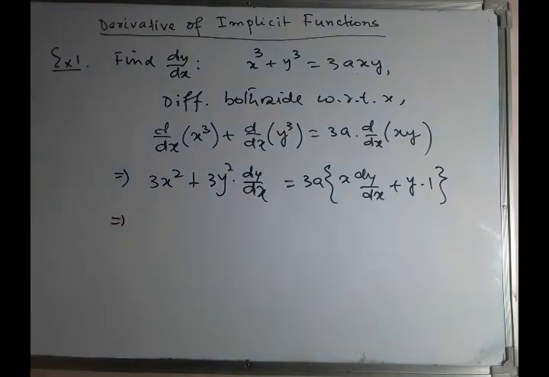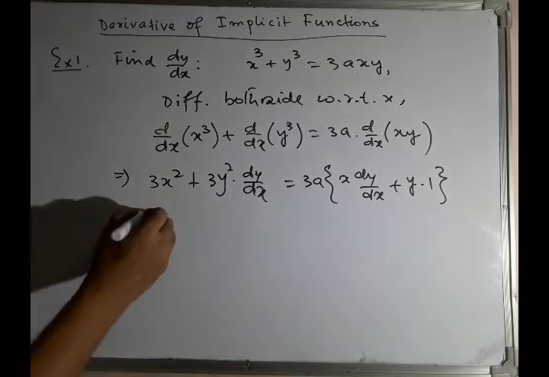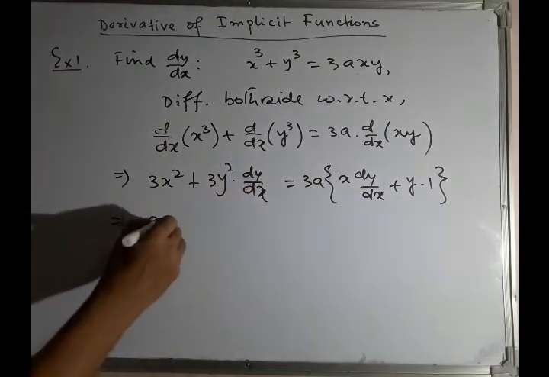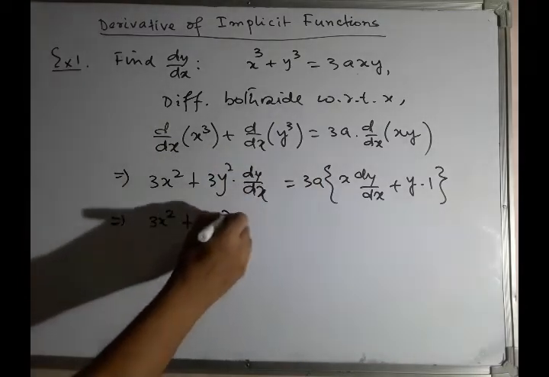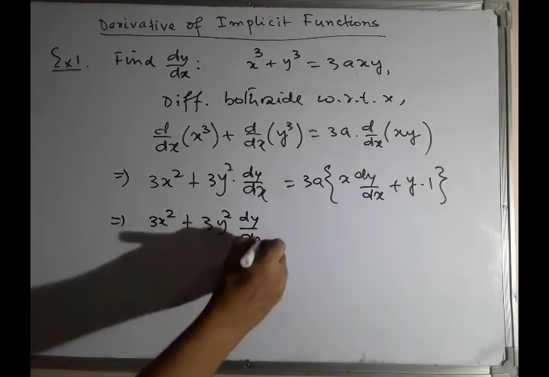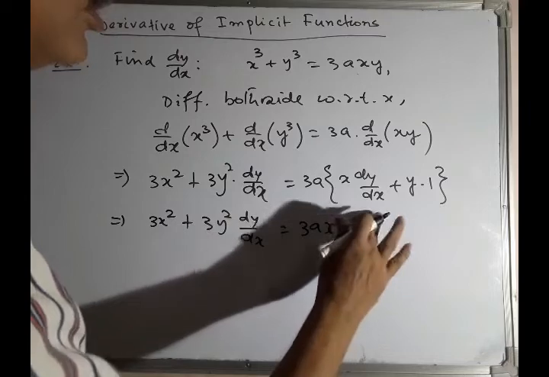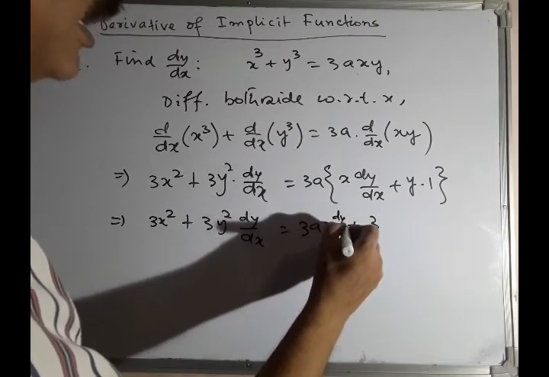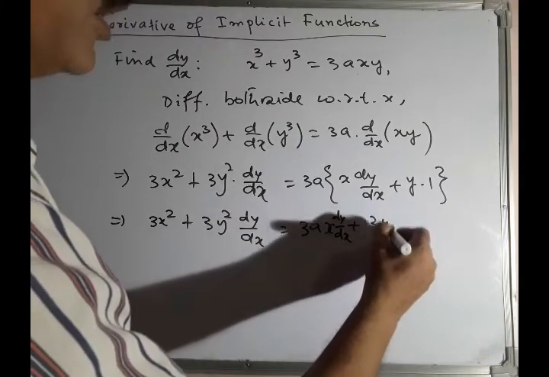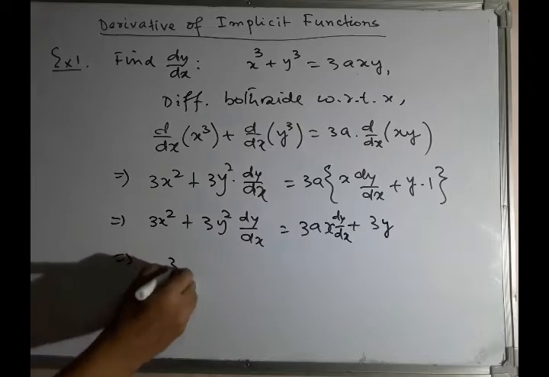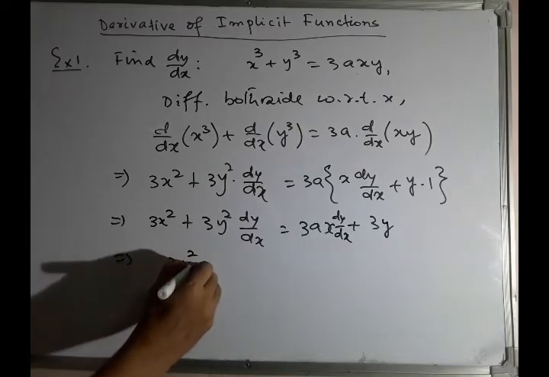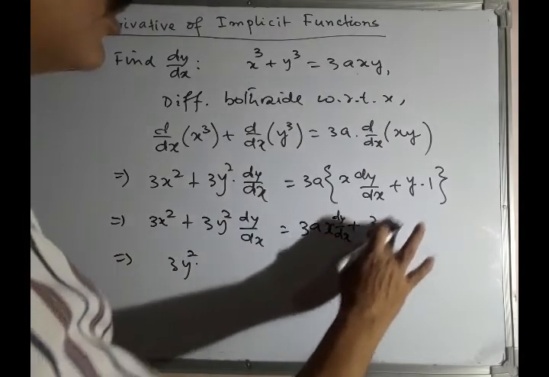Now the terms containing dy by dx we have to bring to one side. Before that, open the bracket. 3x square plus 3y square dy by dx equal to 3ax dy by dx plus 3ay.